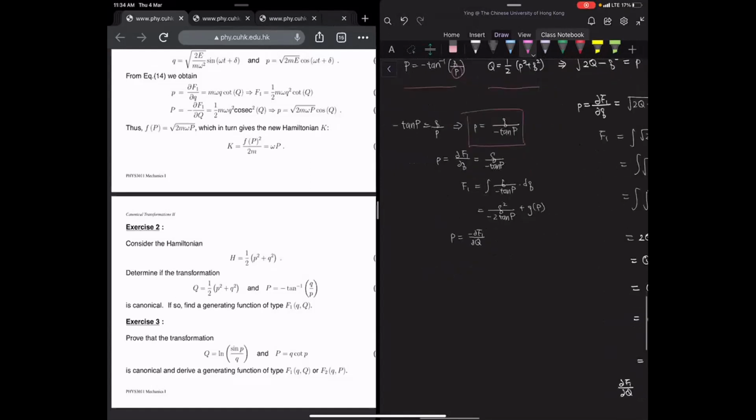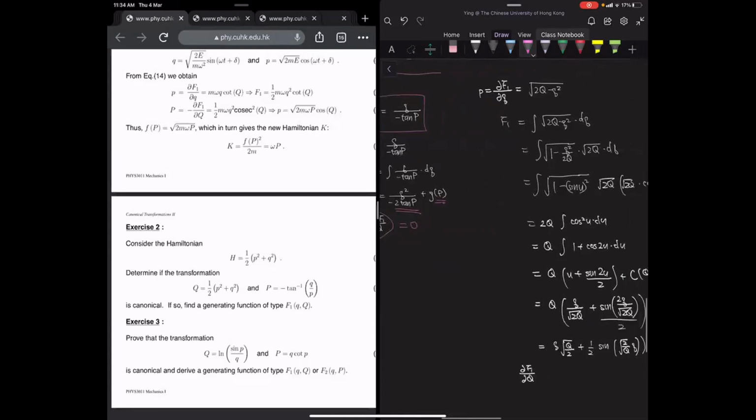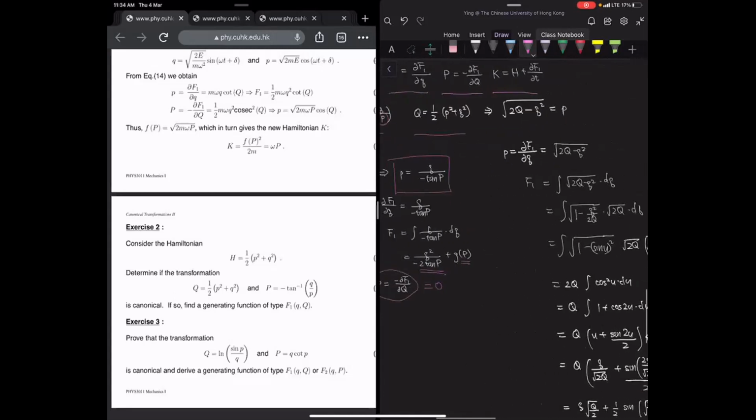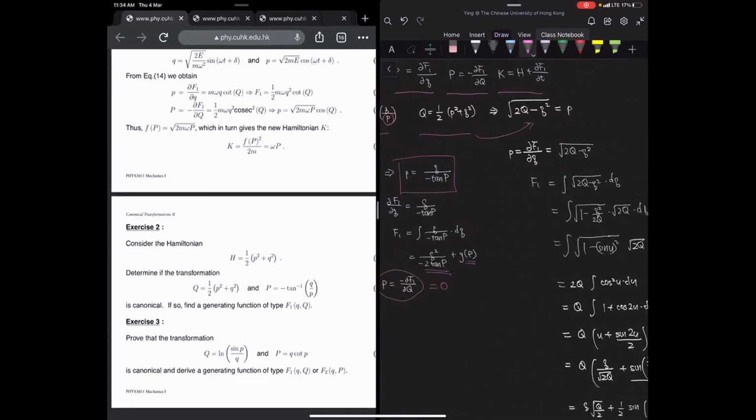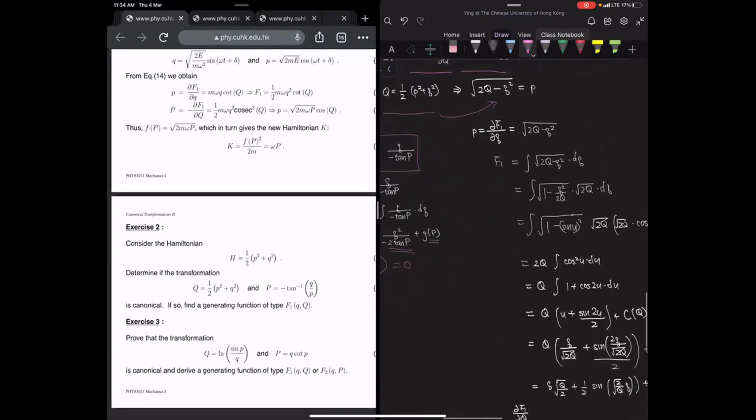However, if we do this, we get a 0. I doubted myself, so I used another definition to obtain P for this equation.